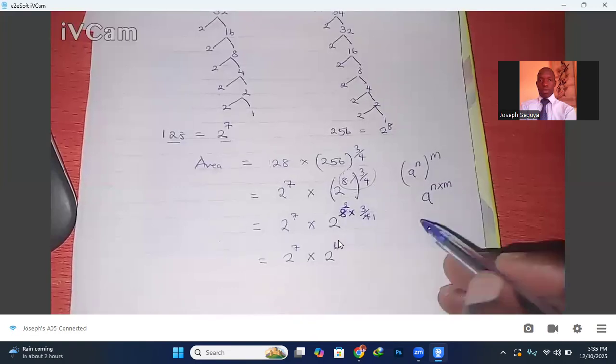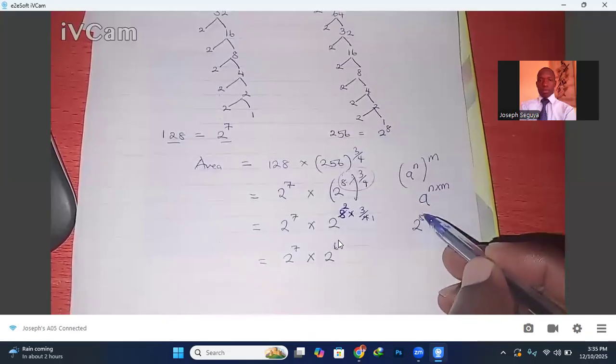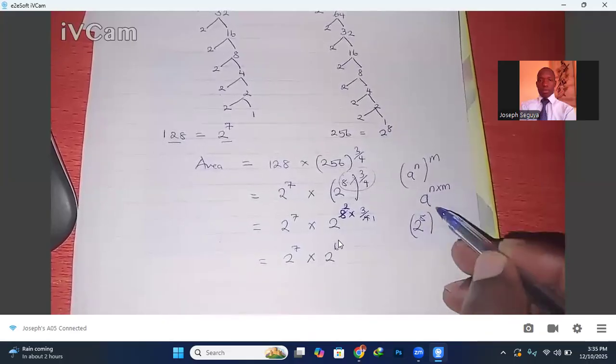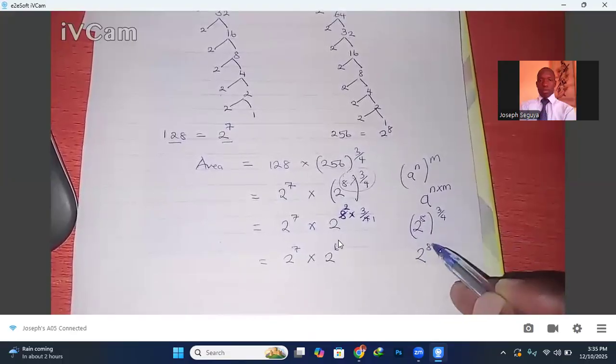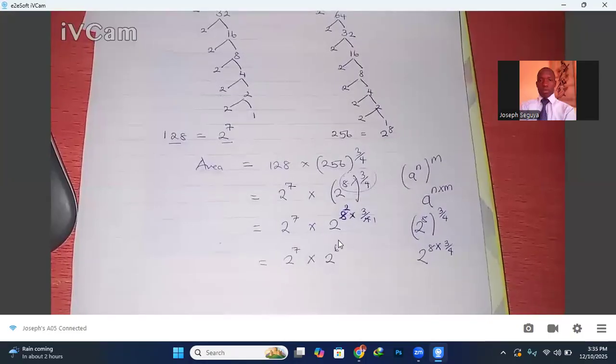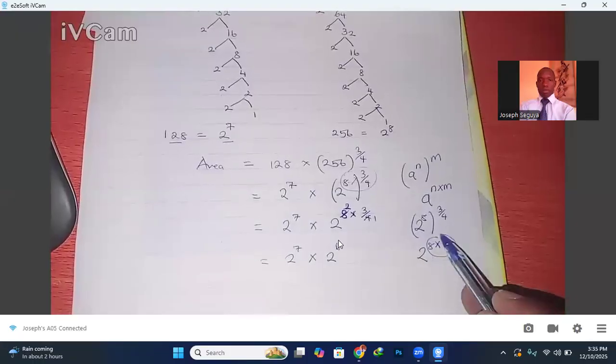So what was our power? It was 2 to the power 8 and again power 3 over 4. So here you say 2 to the power 8 and you just multiply the other power. So now concentrate on that.